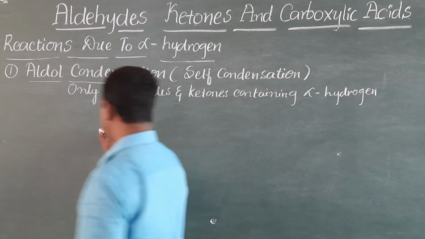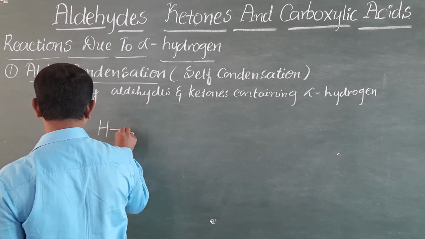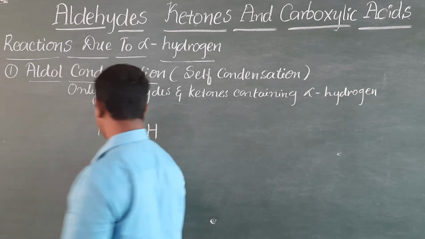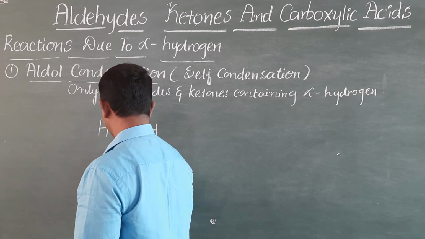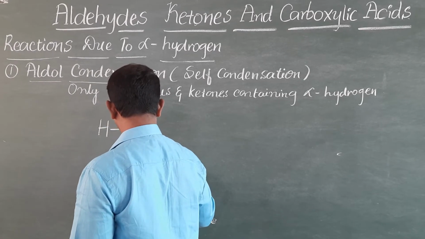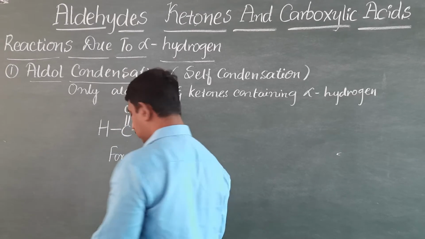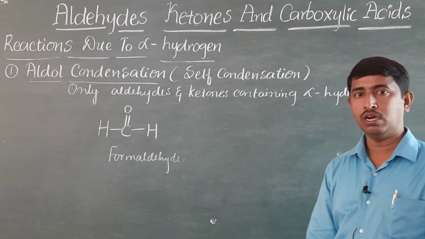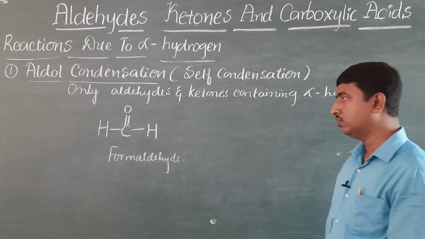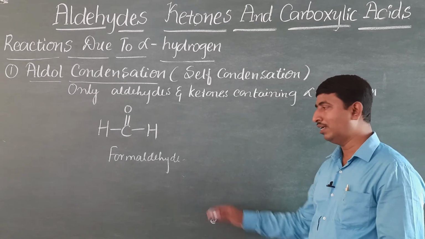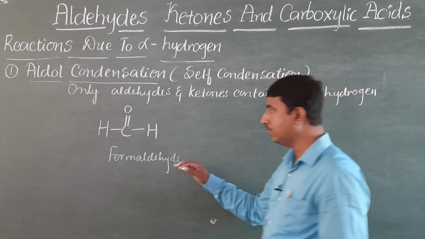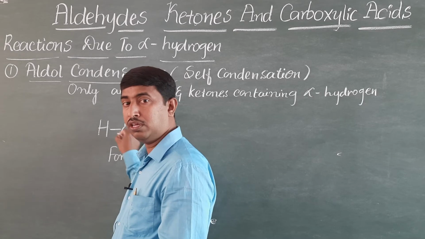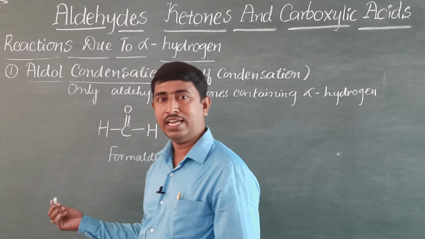Now if I take formaldehyde, the formula of formaldehyde is like this. It is H C double bond O H. This is formaldehyde. See, formaldehyde does not undergo aldol condensation. Why? Because in formaldehyde, this is the functional group. Nearer to the functional group, we can't see any carbon.